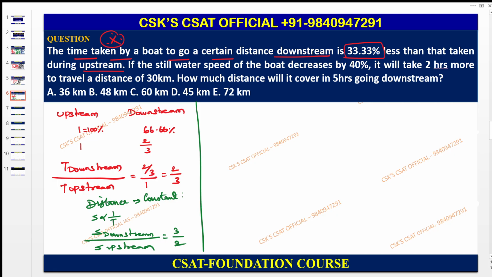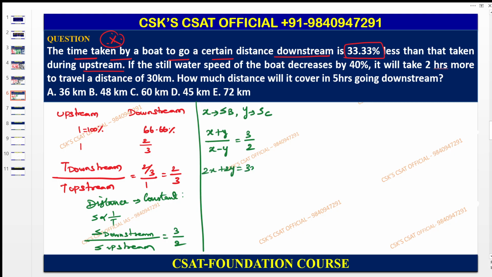You don't know the speed of the river or the speed of the boat. So take x as the speed of the boat and y as the speed of the current. Now downstream speed is x plus y, upstream speed is x minus y, which is equal to 3 by 2. Now cross multiply.